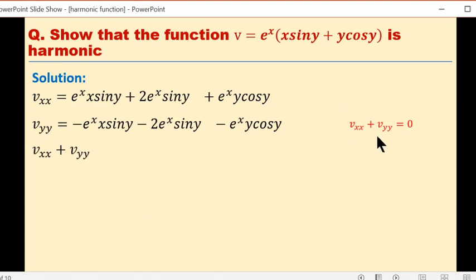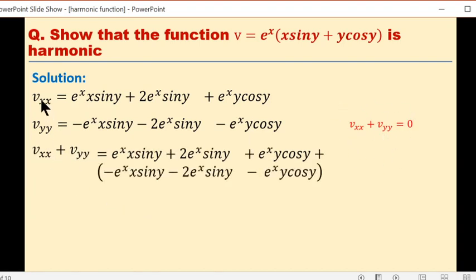So we consider the left hand side of Laplace equation Vxx plus Vyy. In it we substituted our Vxx and our Vyy. So we get this is equal to e raised to x into x sin y plus 2 e raised to x sin y plus e raised to x into y cos y plus minus of e raised to x into x sin y minus of 2 e raised to x into sin y minus of e raised to x y cos y.